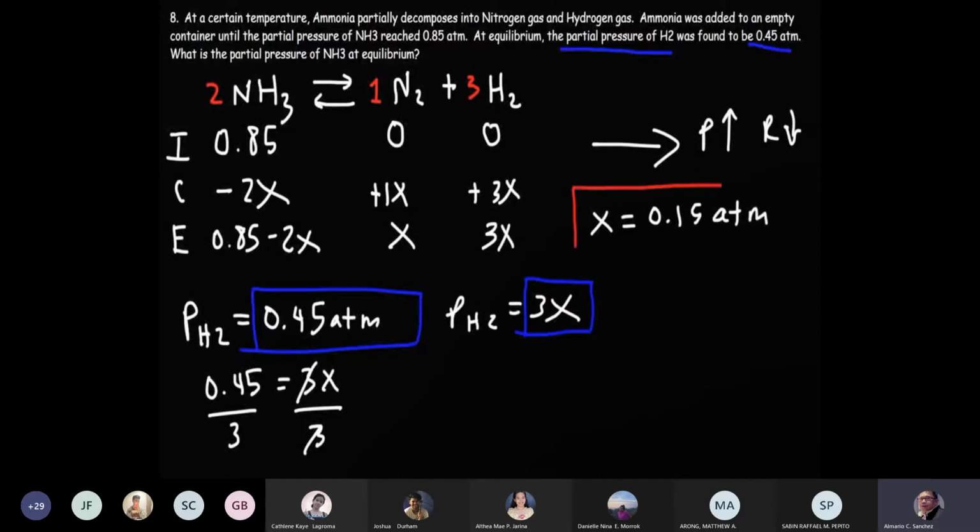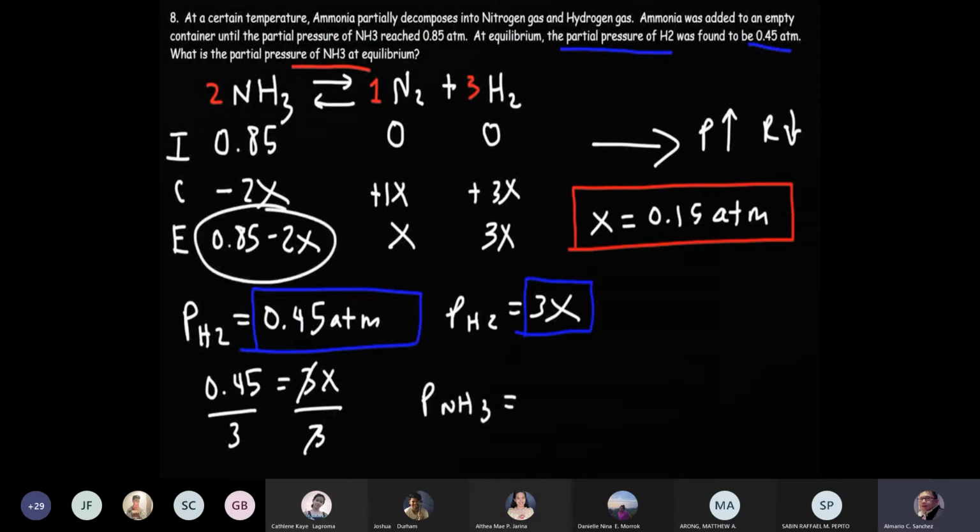Now that we have that, we can calculate the equilibrium partial pressure of any one of the reactants or products. So our goal is to calculate the equilibrium partial pressure of NH3. So that's going to be 0.85 minus 2x.